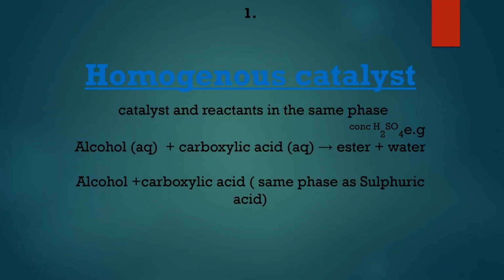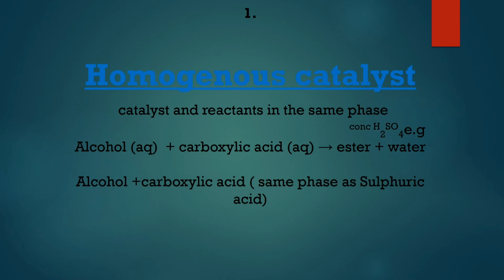Two forms of catalysts: homogeneous catalyst and heterogeneous catalyst. A homogeneous catalyst is when the catalyst and reactants are in the same phase.